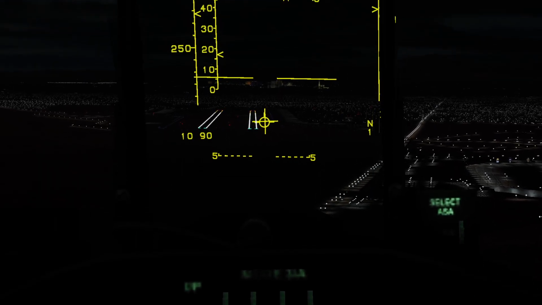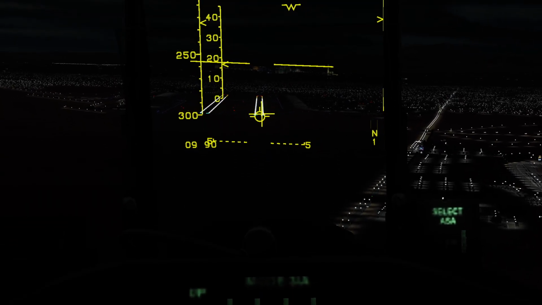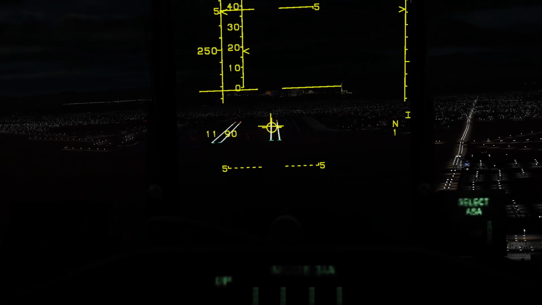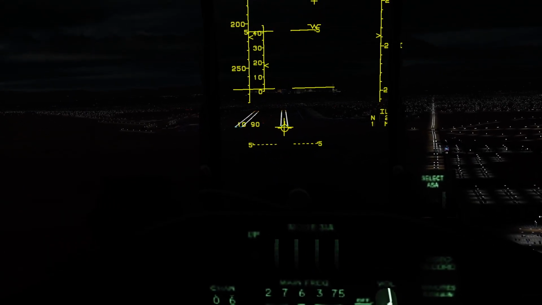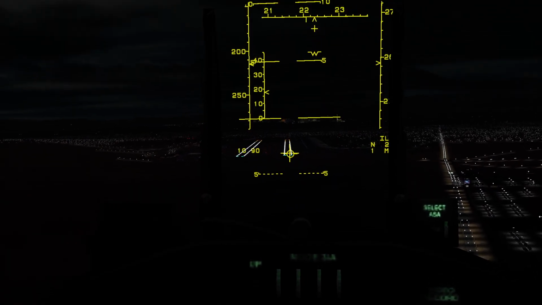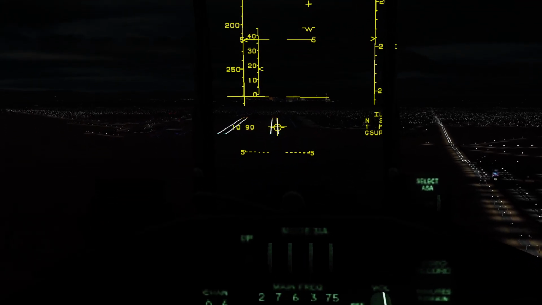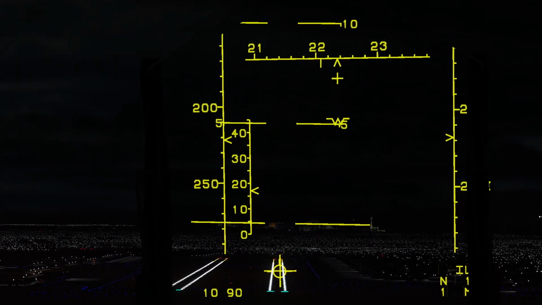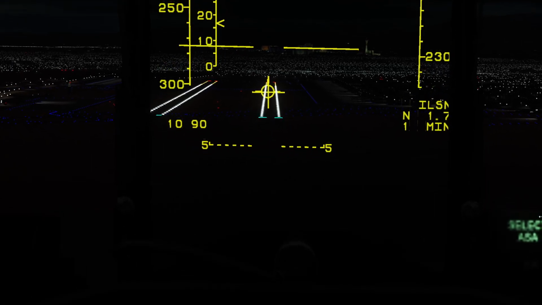Should be getting me lined up for 2 and left, but I don't know. It's a game. In real life, we'd have a decision height because it's a precision approach in the ILS. So when I would get to a certain altitude, I had to make a decision if I could see the runways or not.